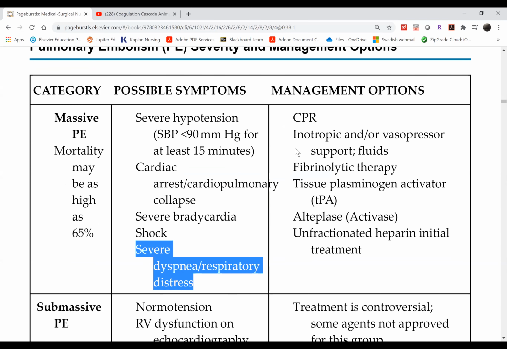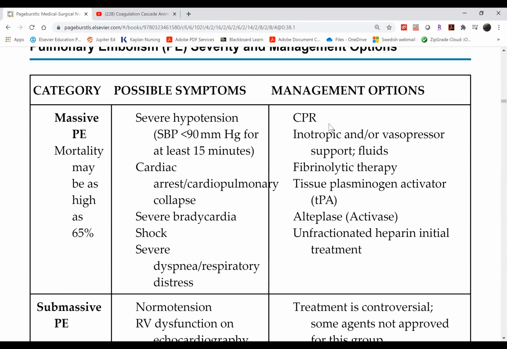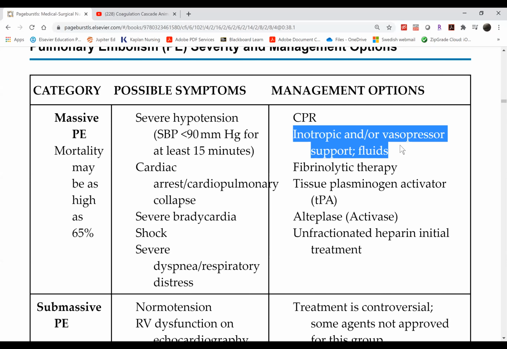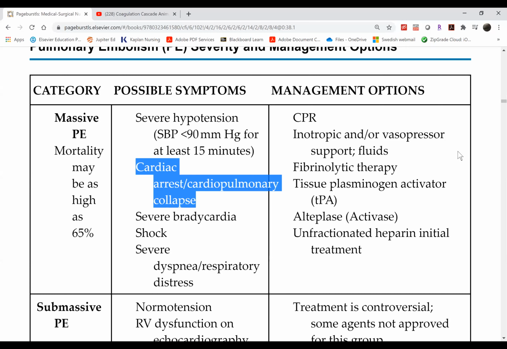So that's why your intervention, of course, is CPR. And then I'll discuss the inotropic drugs in chapter 38 because I don't want to discuss it now and then discuss it again later. Technically this is not for the PE, it's for the resulting complications, meaning the inotropes and vasopressors here are to treat the cardiac arrest, to treat shock that resulted from the PE.